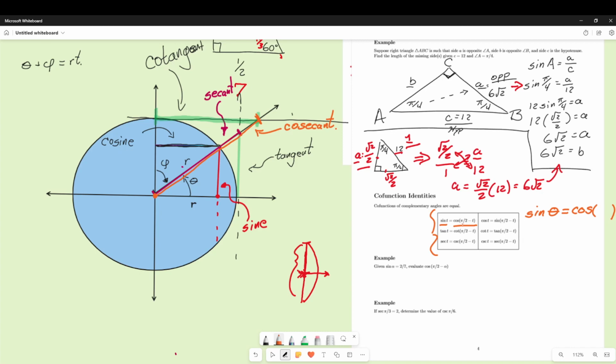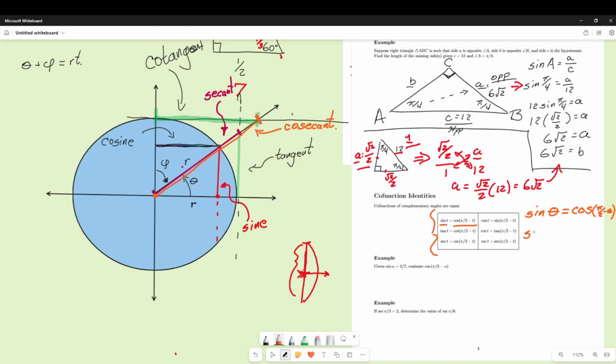So they say here, quite reasonably, pi over 2 minus the angle, but however you're measuring it, if this was in degrees, it would be 90 minus. So pi over 2 minus our angle.